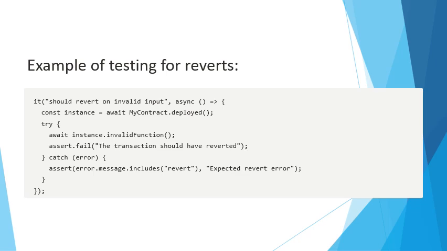It then calls the invalid function on the contract instance, which is expected to revert the transaction due to the invalid input. The test then uses a try-catch block to capture the expected revert error. If the transaction does not revert, the test will fail using assert.fail. Finally, the test asserts that the error message contains the word revert.